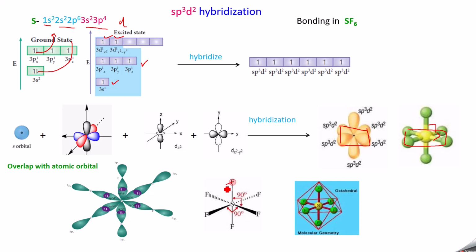If you join everything, you will get a pyramid shape like this. Above, one pyramid, and below also one pyramid. So we call it octahedral geometry. This is the formation of sulfur hexafluoride.